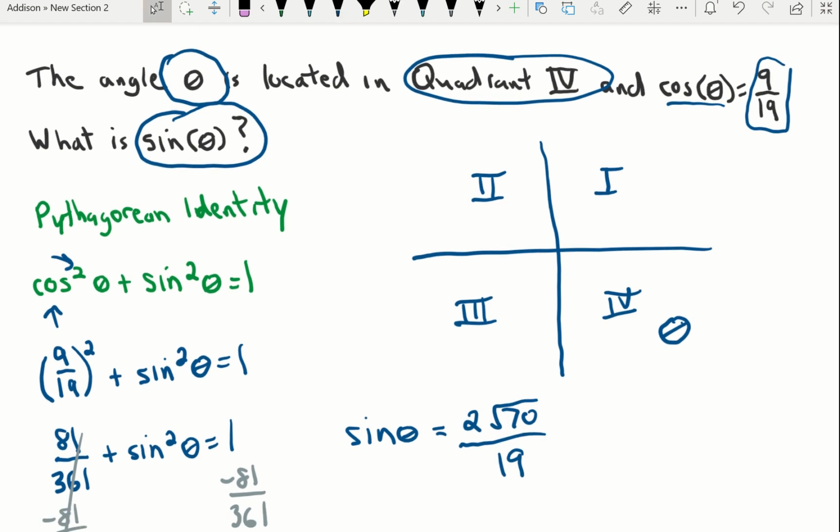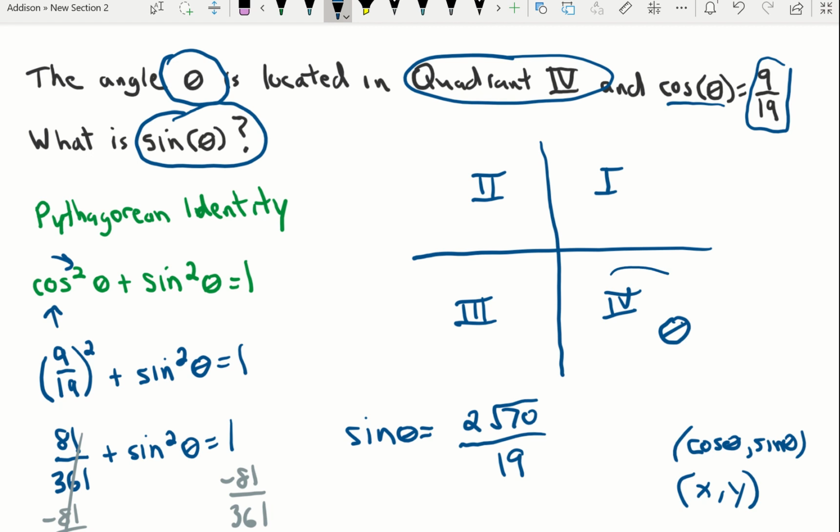Well, we have to do this last step to see if it's going to be positive or if it's going to be minus. That's the last step you have to do: check to see if it's going to be positive or negative. So how do you know that? Well, don't forget, cosine of theta, comma, sine of theta is what matches up with x, y.